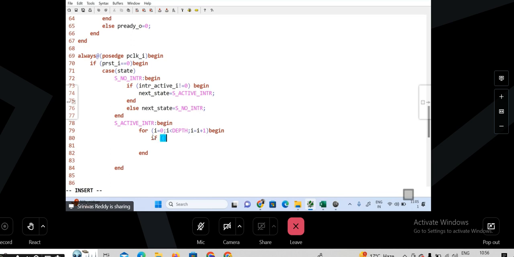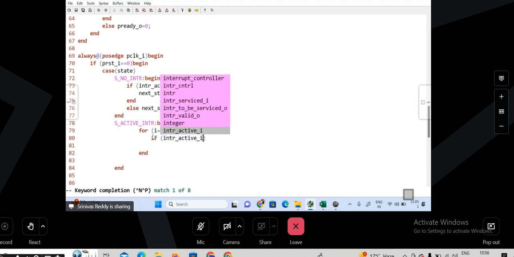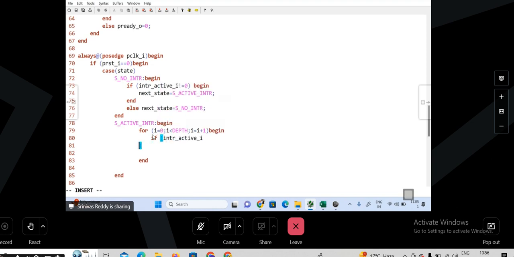Here, if the highest priority value is less than the priority register of I, begin.